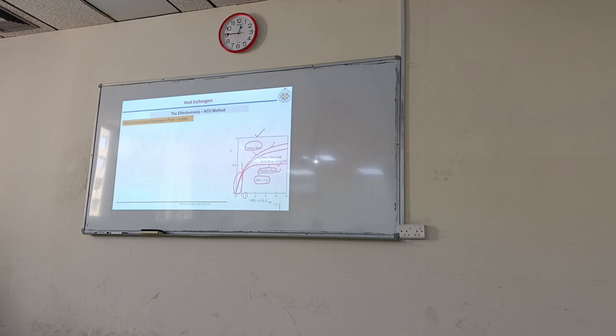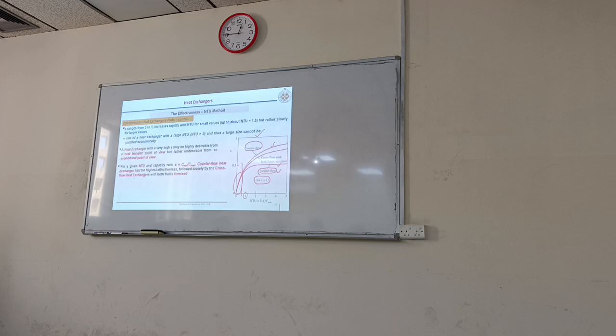So many things. All these factors they have grouped in mathematical form, effectiveness. What else can we see here? It also means NTU greater than 5 is not needed.